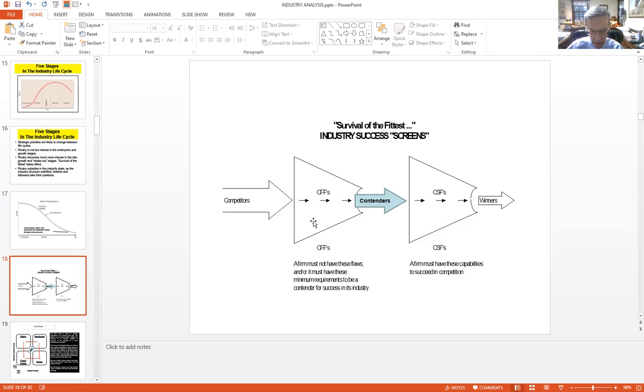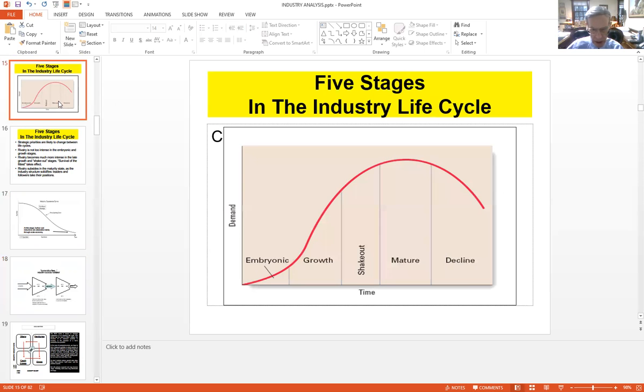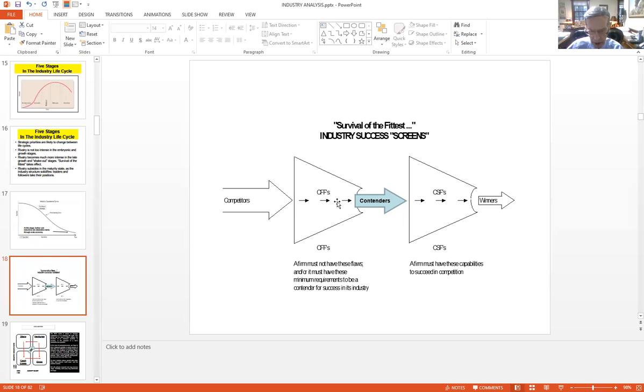But if you don't have them, or if you have these pitfalls, then those are critical failure factors, and they'll keep you from getting through the shakeout stage. It's only then that you can be a contender for long-term survival in the mature stage.